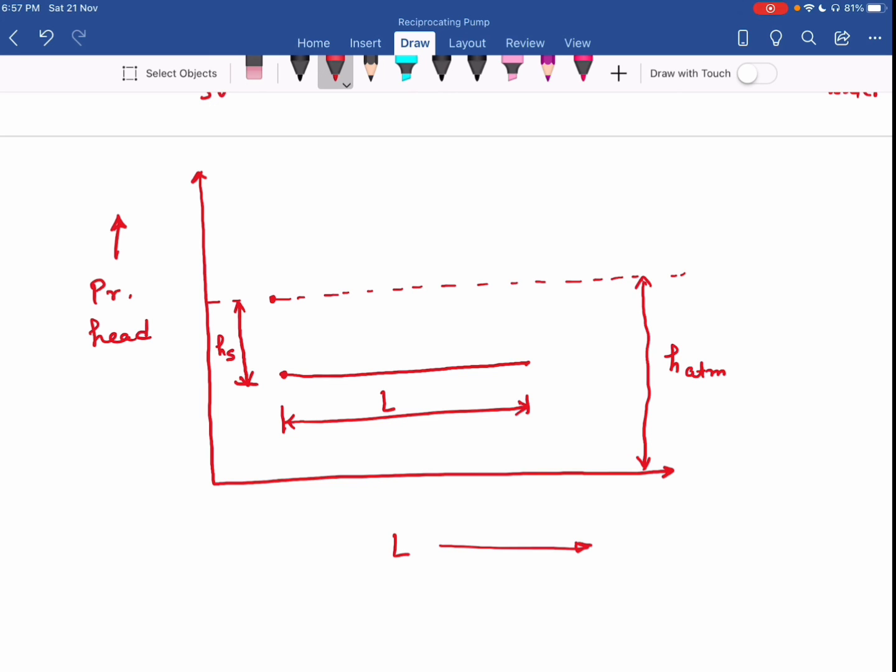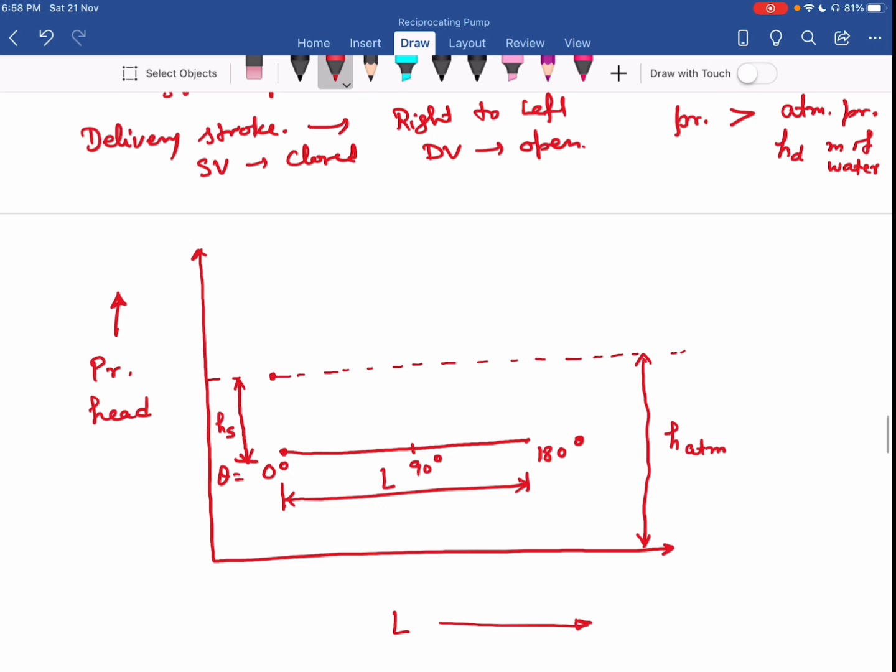So my crank rotation is from 0 degree to 180 degree. So at the mid, my theta is 90 degree. Okay. So at 180 degree position of crank, my delivery valve opens. Now piston applies the pressure on the liquid inside the cylinder. So at that very time, the pressure is more than atmospheric. Okay. So that pressure becomes now, this is HD.